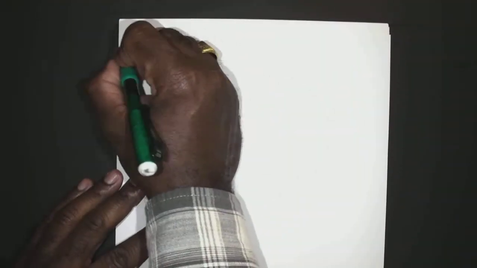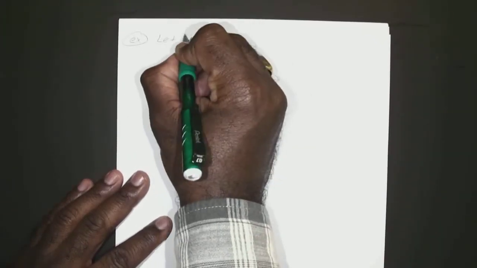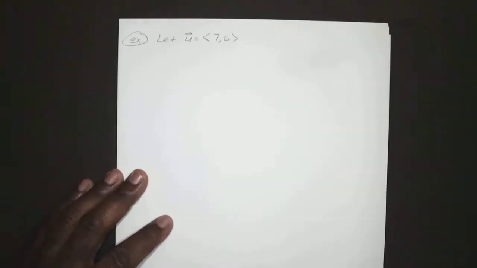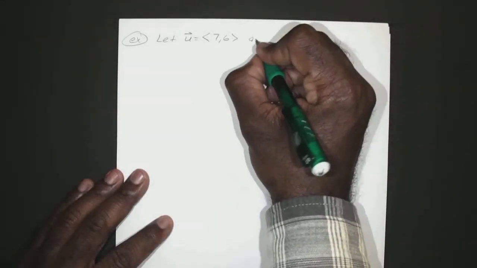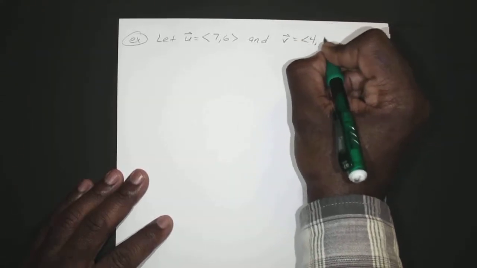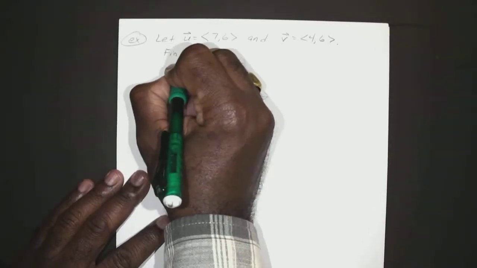Right, so let's say for our first example, we let our u vector equal 7, 6, and our v vector equal 4, 6. And we want to find u plus v.